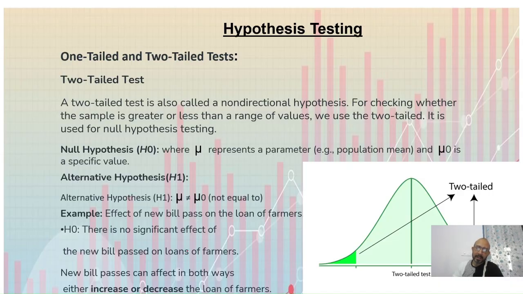Alternative hypothesis: mu not equal to mu 0, where mu 0 is your population mean for the null hypothesis. Alternative hypothesis H1, where mu not equal to mu 0.